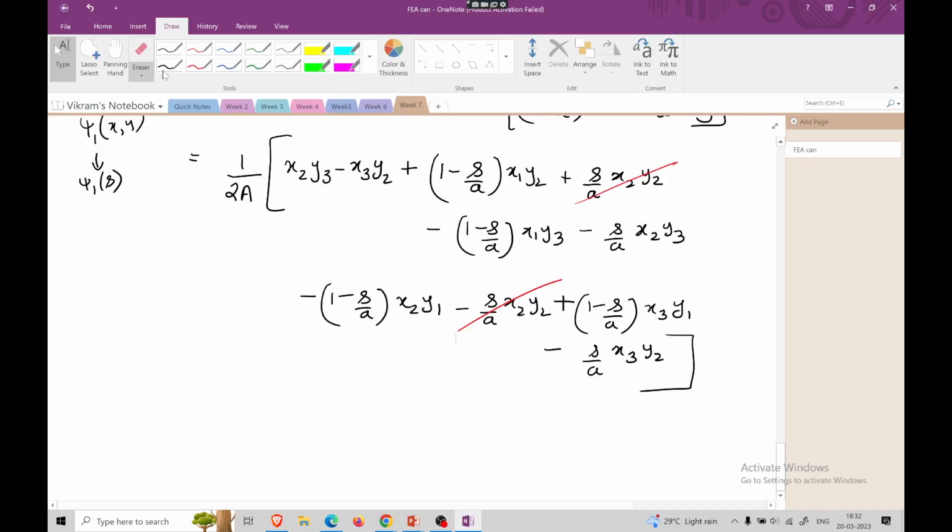So I will circle the similar terms. So this I have combined here. Let me take another color. x3 y2 I have at two places, this one and this one, right?